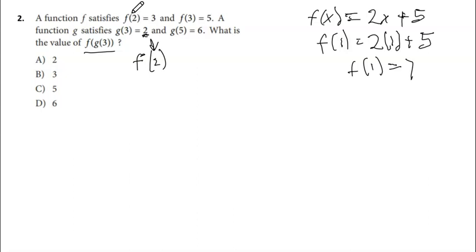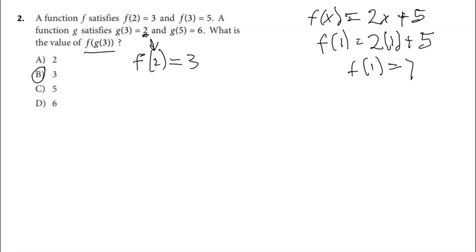Here we see that anytime you see f of 2, it's 3, right? So this question is done. We are done. Don't worry about any of the other information given. It's redundant information. Somebody may find use for it and spend a lot of time trying to complicate things. But this is the answer, right? So our answer is B.